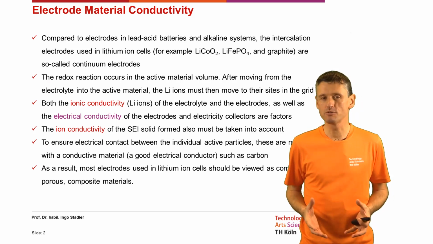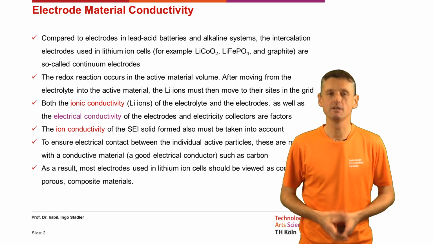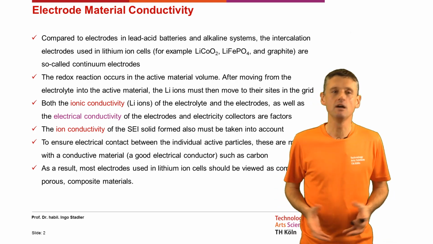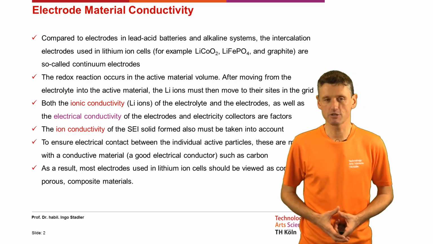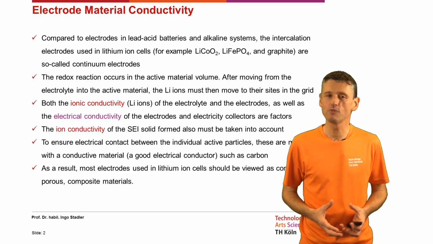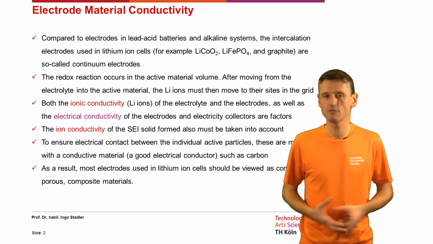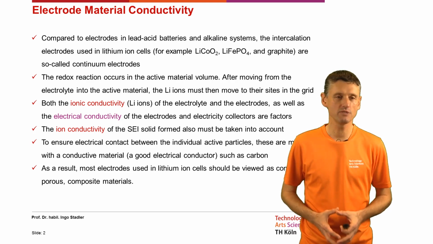Compared to electrodes in lead-acid batteries or also in alkaline battery systems, the intercalation electrodes used in lithium-ion cells are so-called continuum electrodes. The redox reaction occurs in the active material volume. After moving from the electrolyte into the active material, the lithium ions must then move to their sites in the grid.